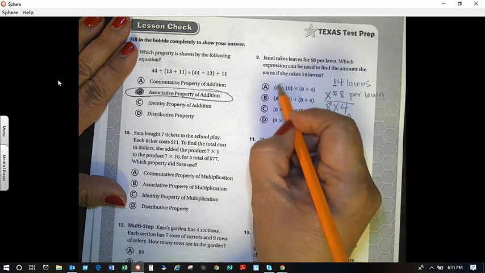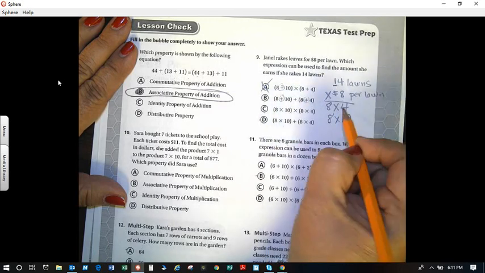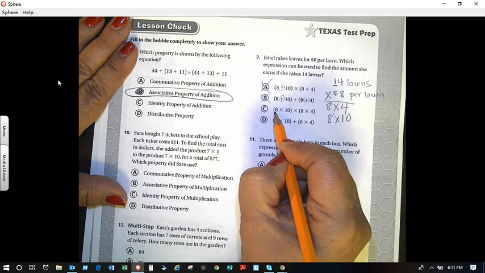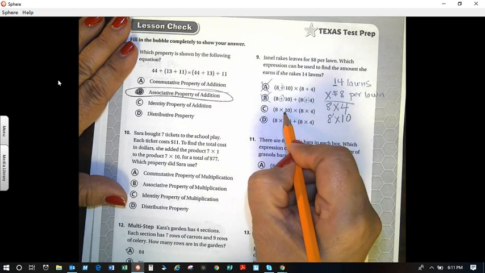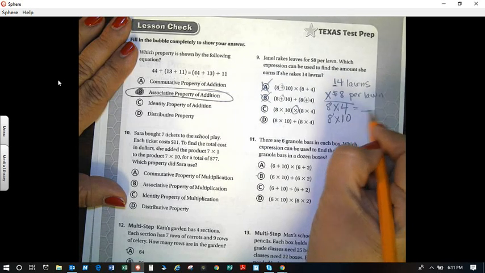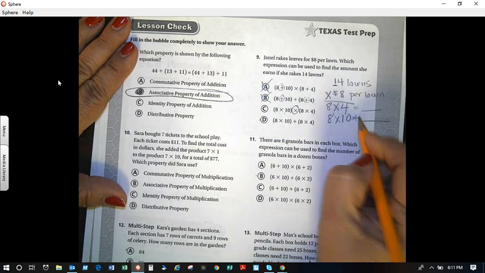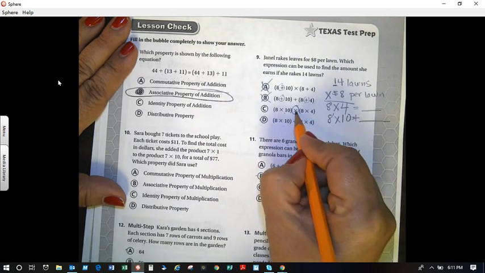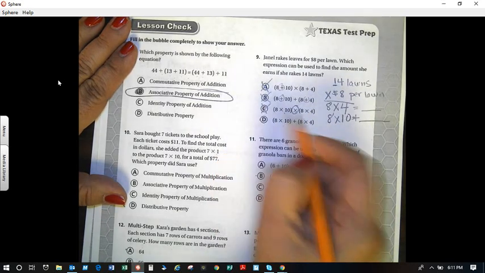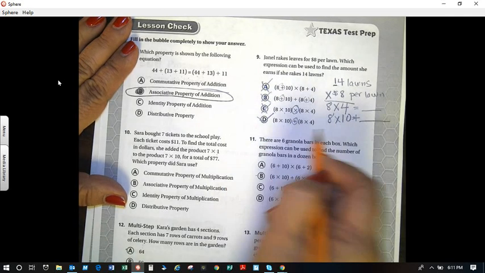This one has a plus sign, so that won't work. That has a plus sign. That's not what we did over here. That doesn't work. 8 times 10. Do we times it? Because whatever we get here, what do we need to do? We need to add those together. So we're not going to times our products, our two partial products. So that doesn't work. But I do need to add them in, and that works out perfectly. So D is my correct answer.